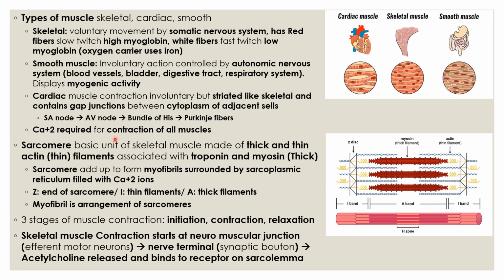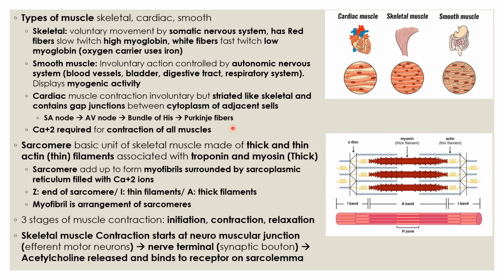Then the AV node receives that and makes sure the atrium finishes, so it can let the ventricle fill up with blood. Then the bundle of His receives electrical impulses from the AV node, and the Purkinje fibers get ready to contract and push the blood from the ventricle towards the pulmonary artery that is going towards the lungs.